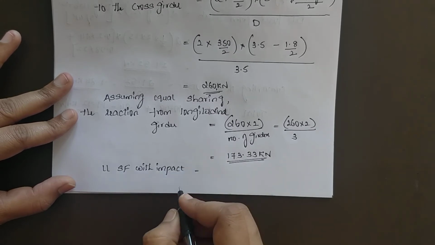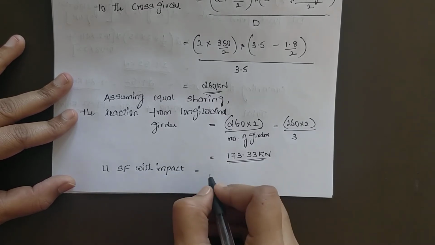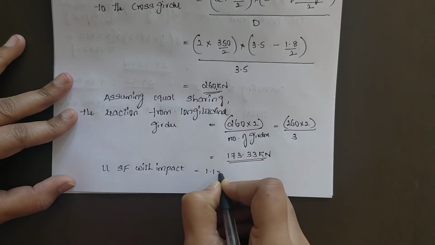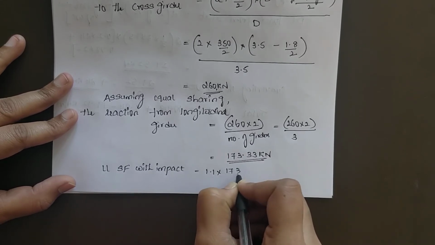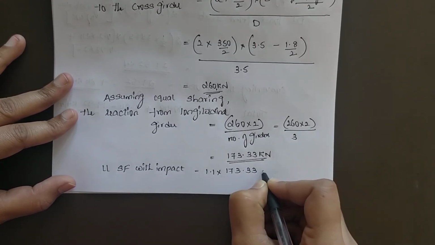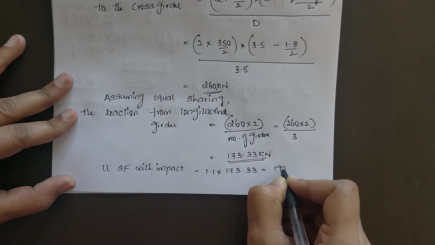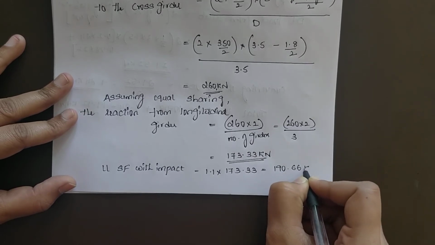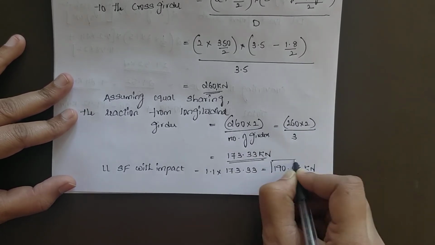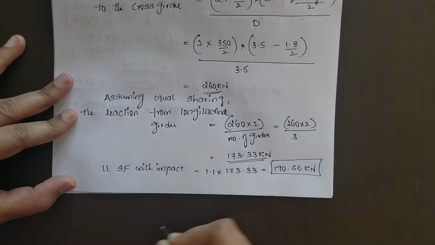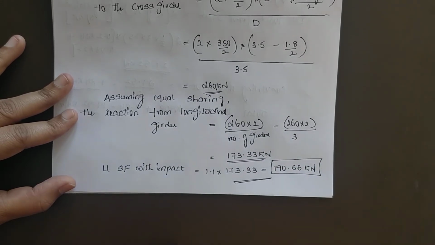Take impact as 10%, then it will be 1.1 into 173.33, you will get it as 190.66 kilonewton. This is your live load shear force value with impact factor.